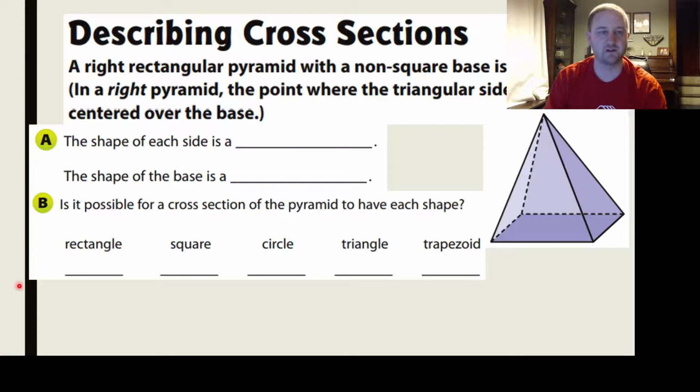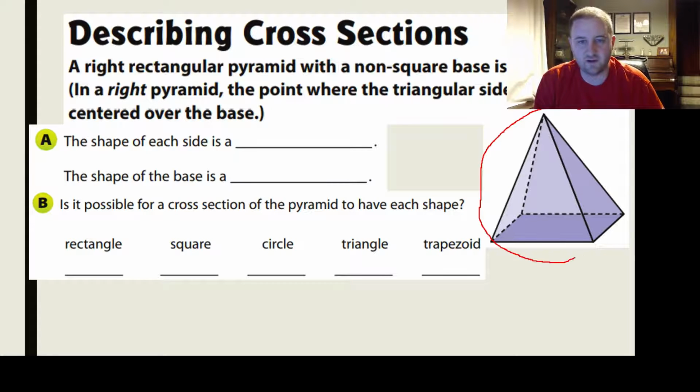All right, now describing cross-sections. A right rectangular pyramid is shown right here. It's got a non-square base. So if it's a non-square base, that means it's a rectangle, right? The point where the triangular sides meet is centered over the base.